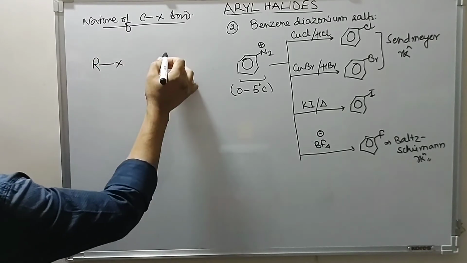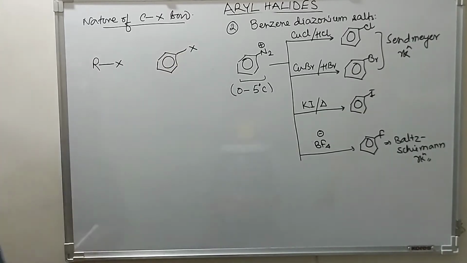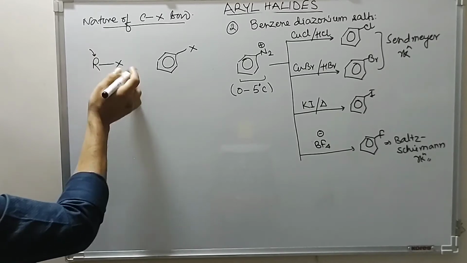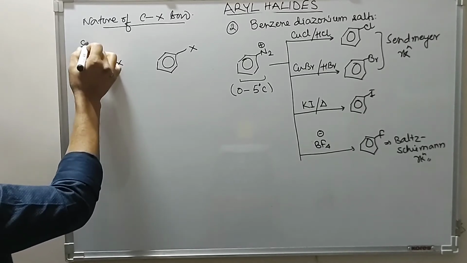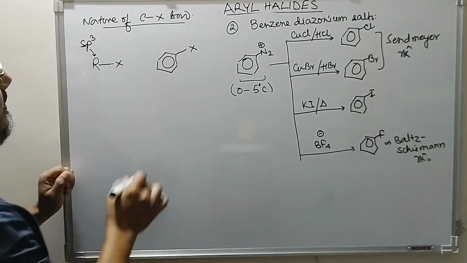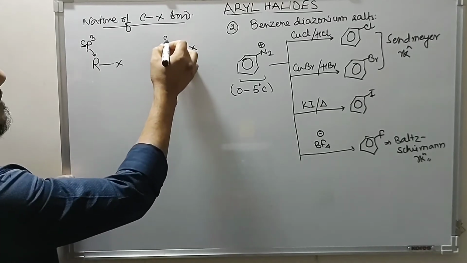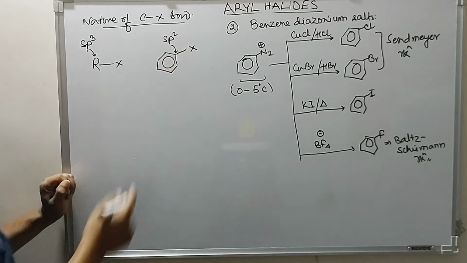This is alkyl halide and this is aryl halide. In case of alkyl halide, the carbon to which halogen is attached is sp3 hybridized. In case of aryl halide, the carbon to which this halogen is bonded is sp2 hybridized.